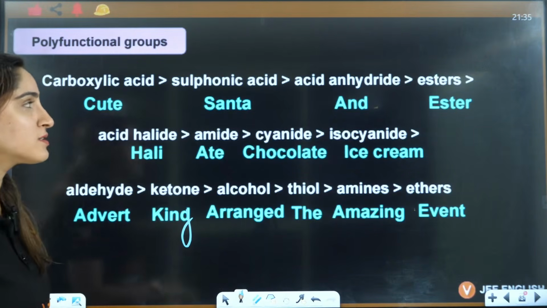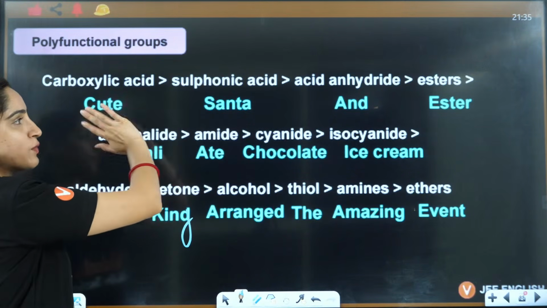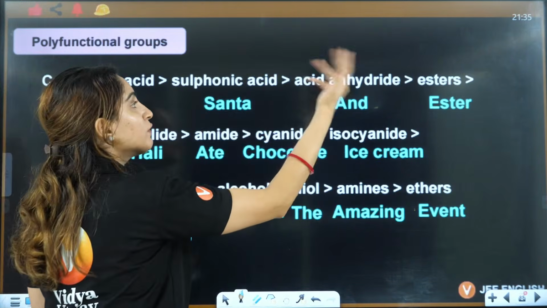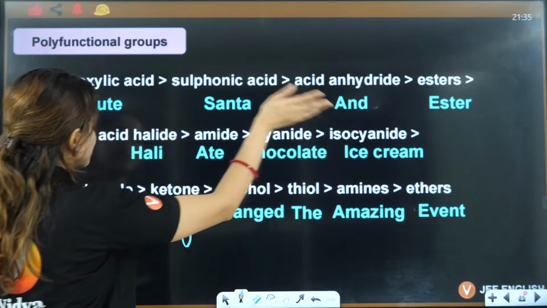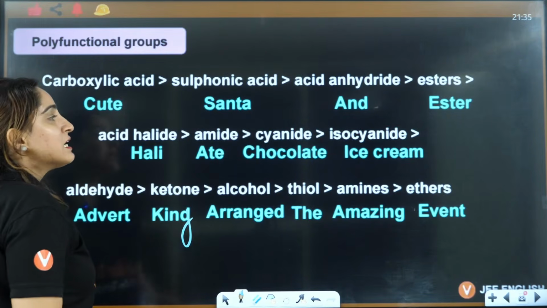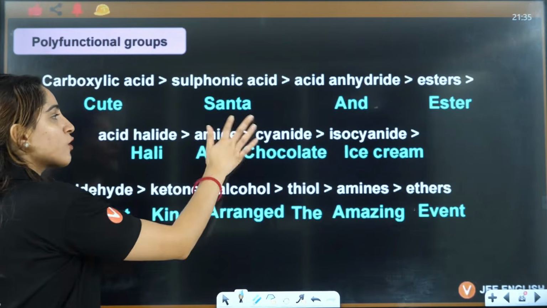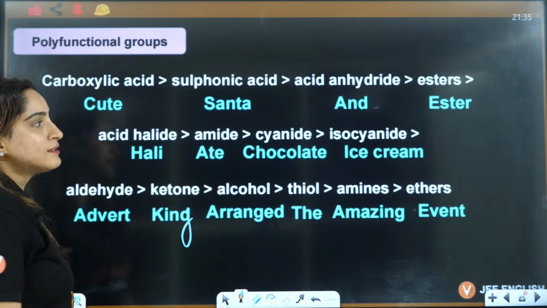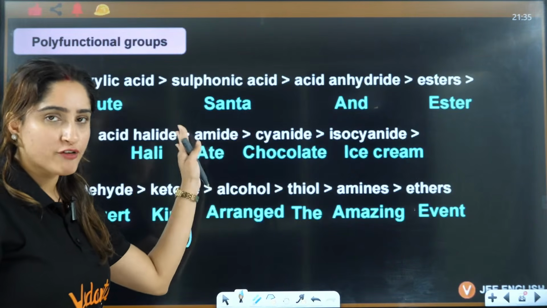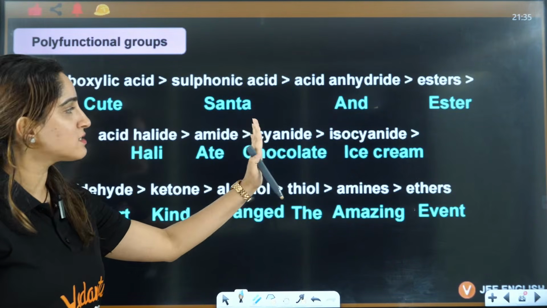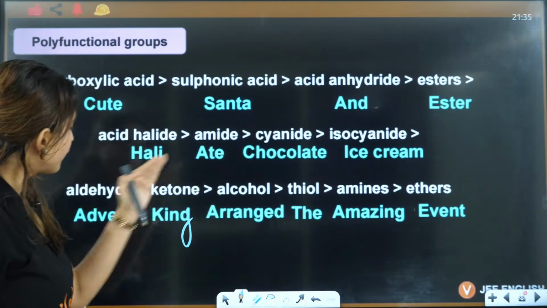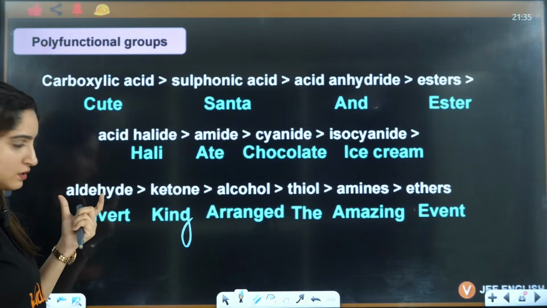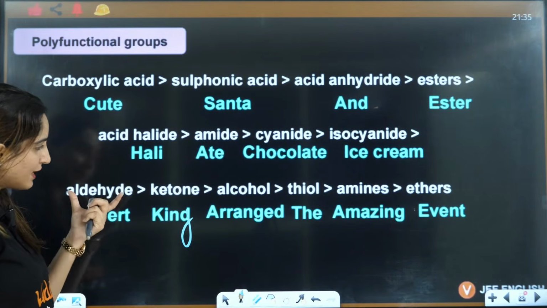How I remember this is: carboxylic first. Firstly, you will have carboxylic acid, then sulfonic acid. After that, you will have derivatives like anhydride, ester, halide, then amide. These are all the derivatives of carboxylic acids. Then cyanide and isocyanide. After the acid derivatives, you will have triple bonds, that is cyanide, isocyanide. After that, you will have double bonds, that is aldehyde and ketone.